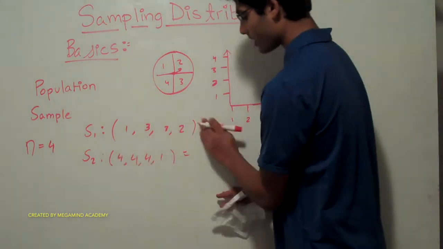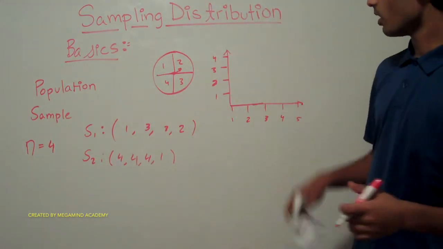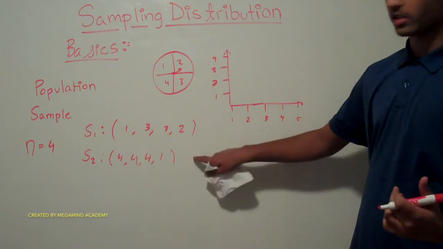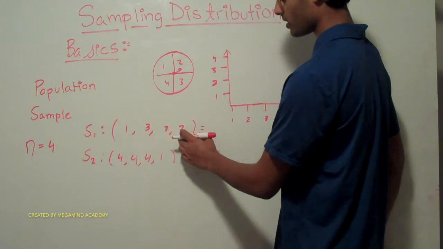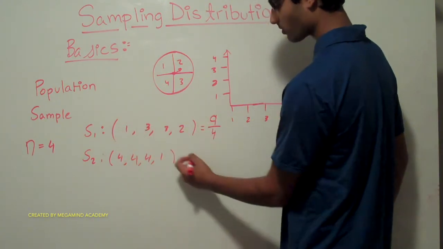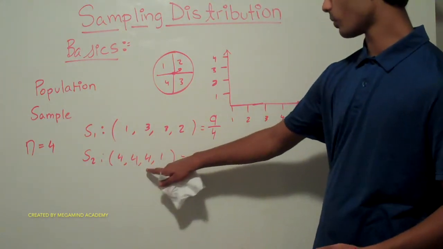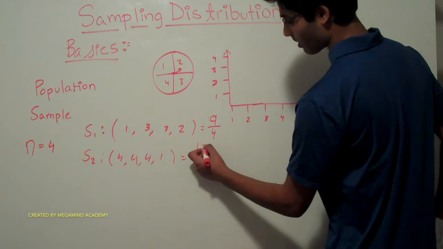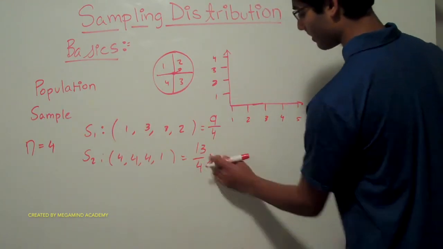So now we have our samples, and in our samples we have 4 values. In a sampling distribution, we show the averages of these values. The average of the first sample would be 3 plus 3 is 6, plus 2 is 8, plus 1 is 9, so 9/4. The second would be 4 plus 4 is 8, plus 4 is 12, plus 1 is 13, so 13/4.